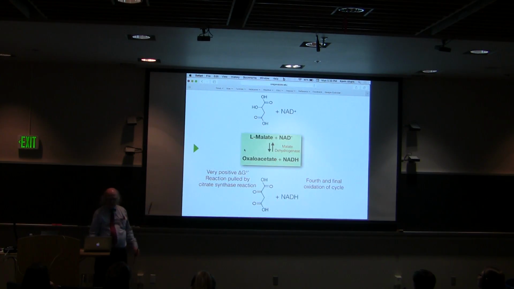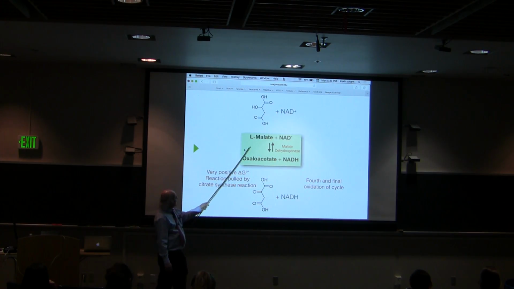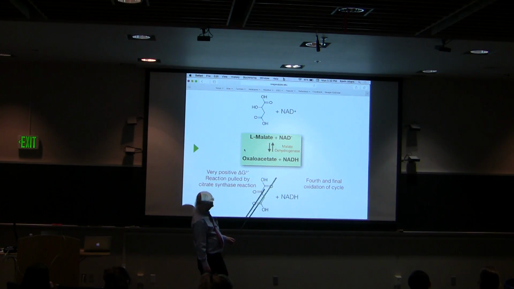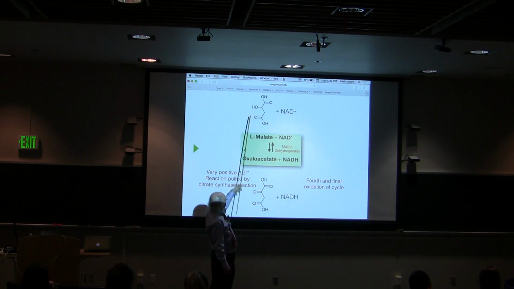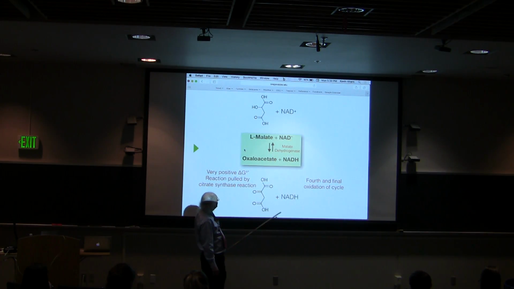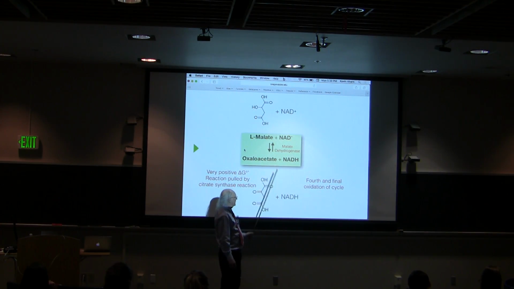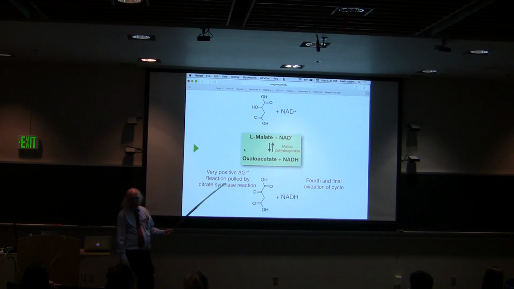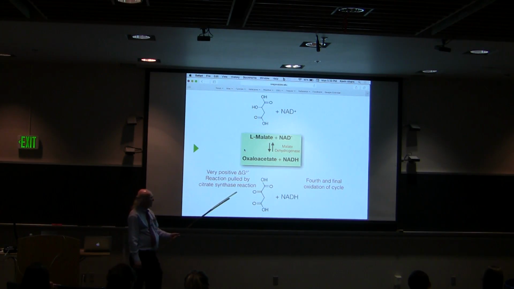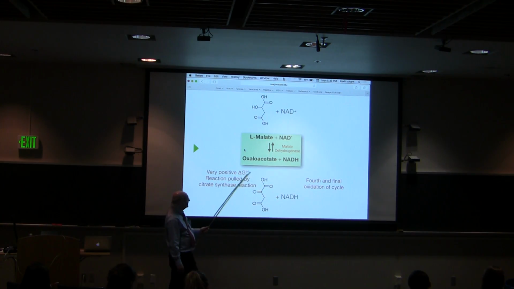And the next reaction is essentially the last reaction. It's the only one we haven't talked about so far. This is the last oxidation. We see the oxidation of malate down to oxaloacetate, the NAD going to NADH, of course. And this is the unusual oxidation that has a fairly positive delta G0 prime for its catalysis.